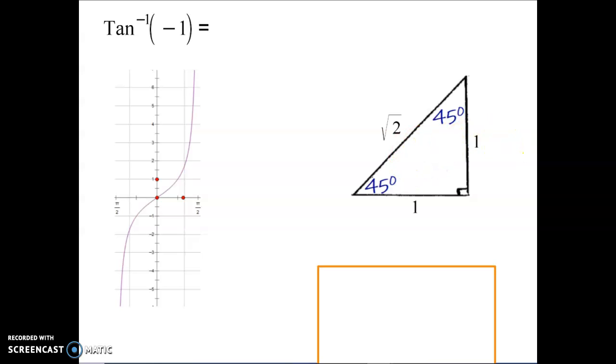So I'm going to have 45 degrees as my reference angle, but I need to go down into the fourth quadrant. So I'm going to start at 0 and I'm going to go backwards 45 degrees, which gives me -45 degrees or negative pi over 4 radians. Either one of those, depending on if you want degrees or radians.